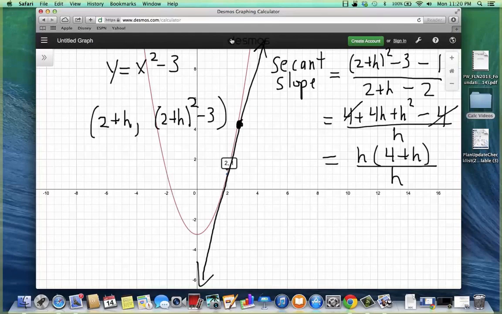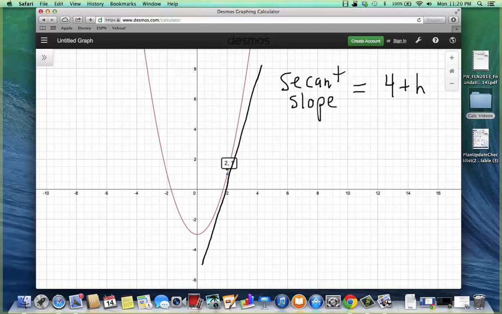And now I can cancel a common factor of h. And we see that the simplified slope of this secant line is 4 plus h, where h represented a very small positive value. So for a small positive number h, the slope of the secant line will equal 4 plus h.